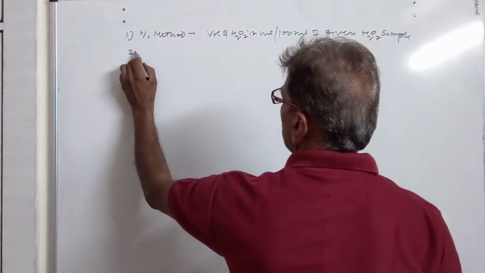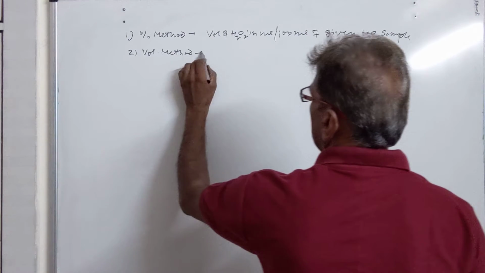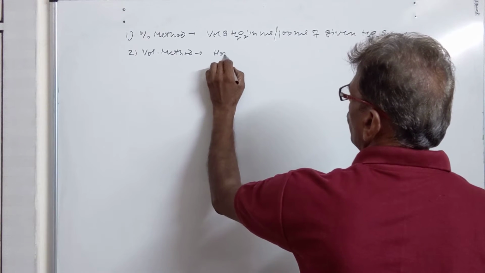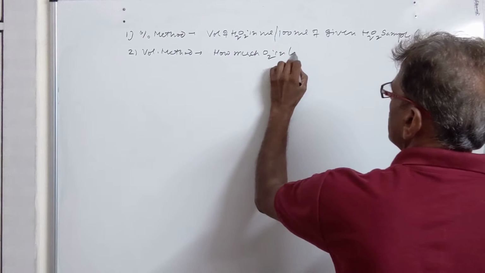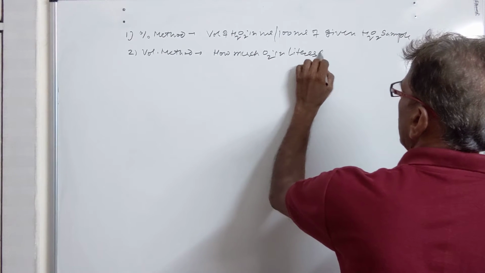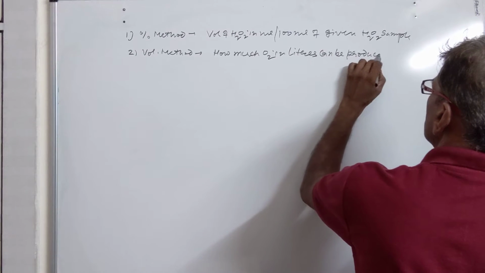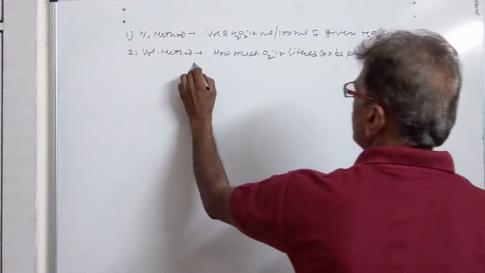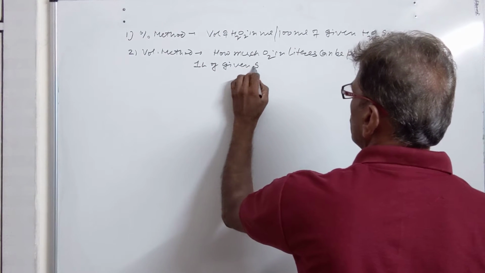Then the second method, we have the volume method. It deals with how much O2, in liters, can be produced by 1 liter of the given sample of H2O2.